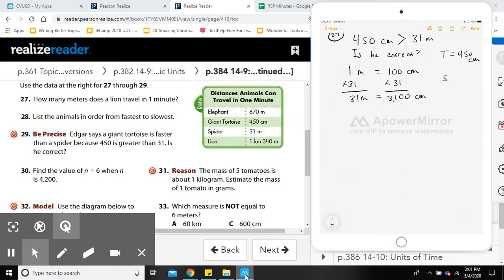The spider, S for spider, goes 3,100 centimeters per minute.